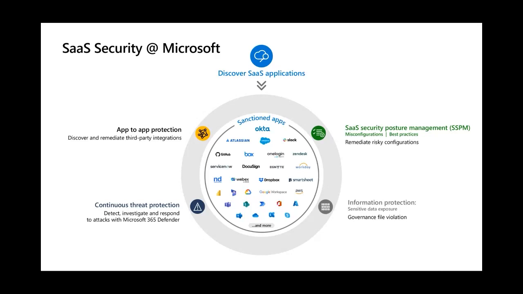Starting on the right-hand side with SaaS Security Posture Management, aka SSPM, this is one of the newer pillars that comprise our SaaS security offering. What this really does is surface the misconfigurations we see within SaaS applications and provide recommendations on how to remediate those. We announced in February ServiceNow, Salesforce, Microsoft 365, I believe Okta as well.